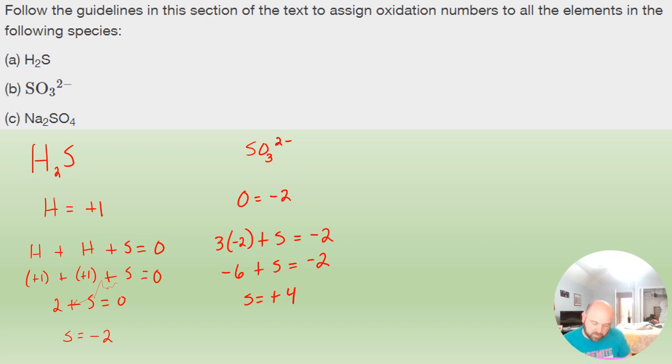In the final example we have here, we can see that we have sodium sulfate, Na2SO4.